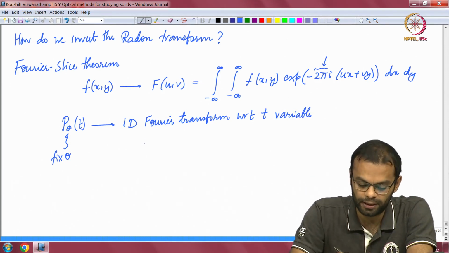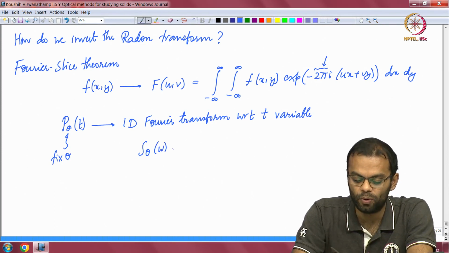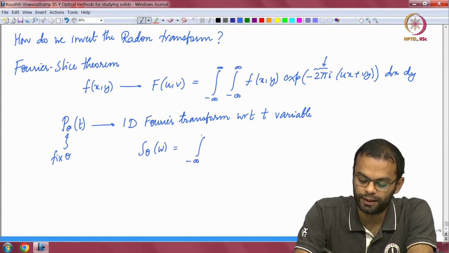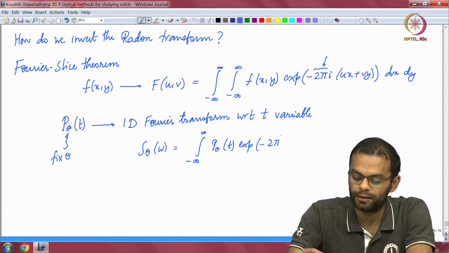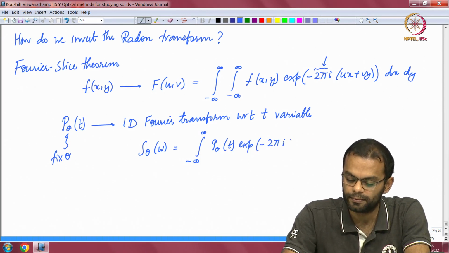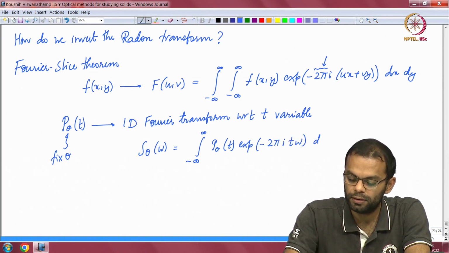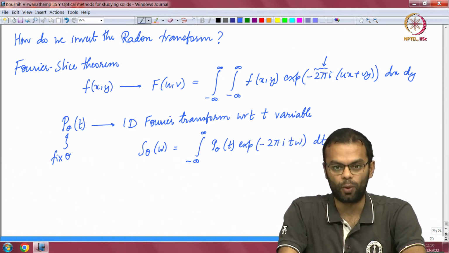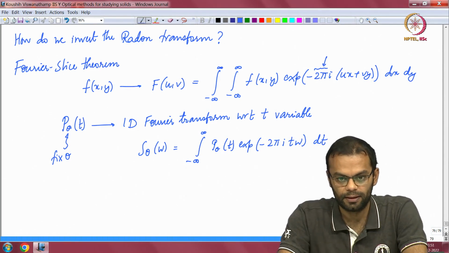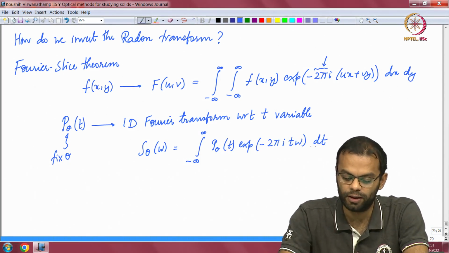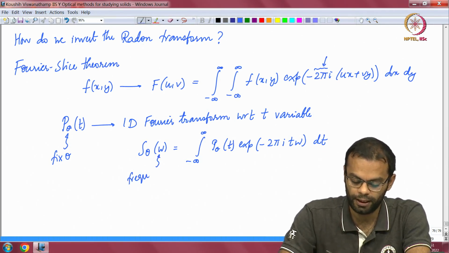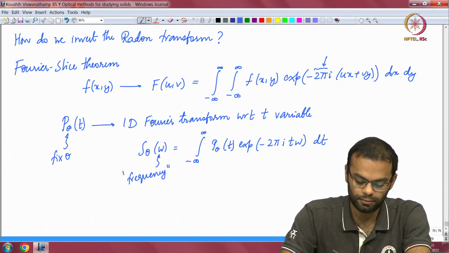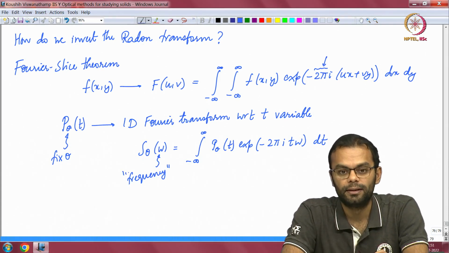What do you get? We get something that we will call s theta of w. So, this is minus infinity to plus infinity p theta of t exponential minus 2 pi I t w dt, right, just like the usual 1D Fourier transform that we discussed. Now, the t dependence is gone and you get a w dependence. So, w is like your frequency, right, in the frequency domain.